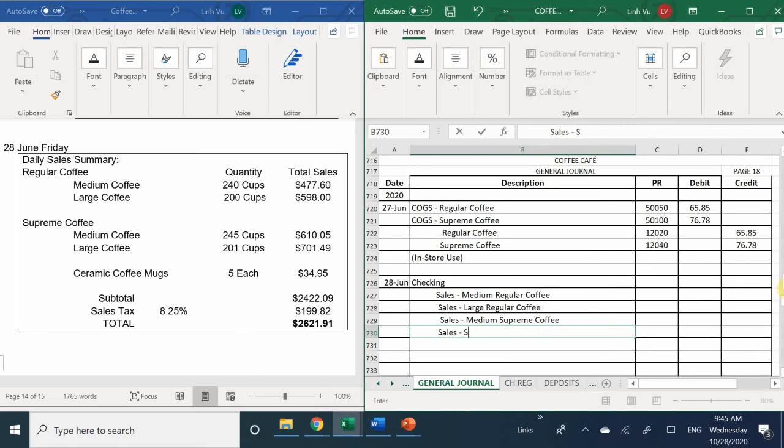And after the large supreme coffee, sales of ceramic mugs. And then we also have to have the sales tax payable.